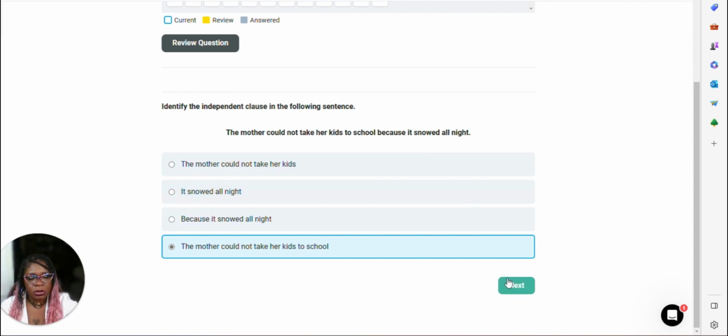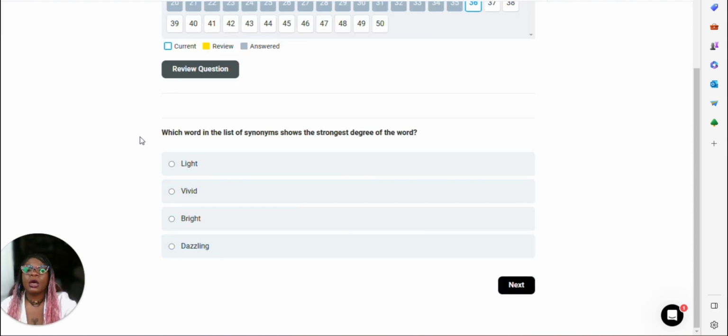Alrighty, so let's move on to our next question, which is, which word in the list of synonyms shows the strongest degree of the word? Is it light? Is it vivid? Is it bright? Or is it dazzling? The strongest degree of the word.